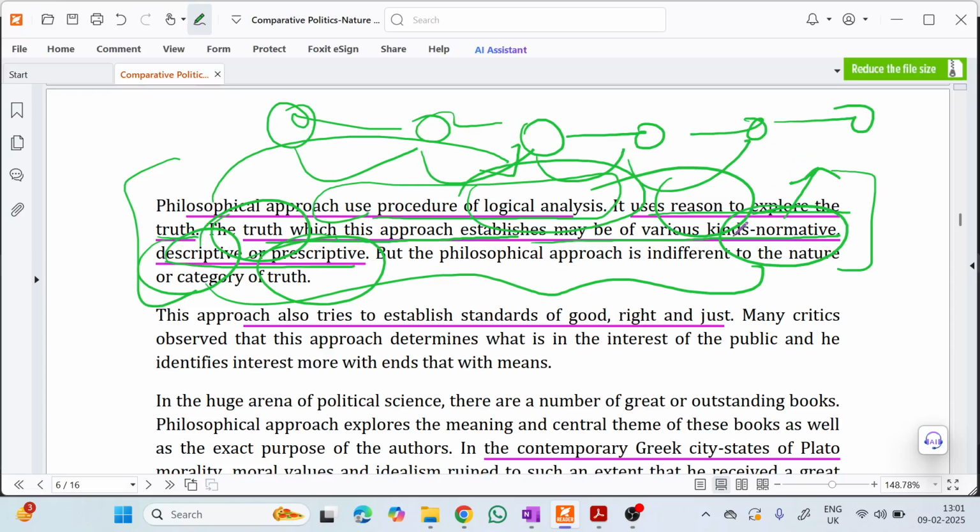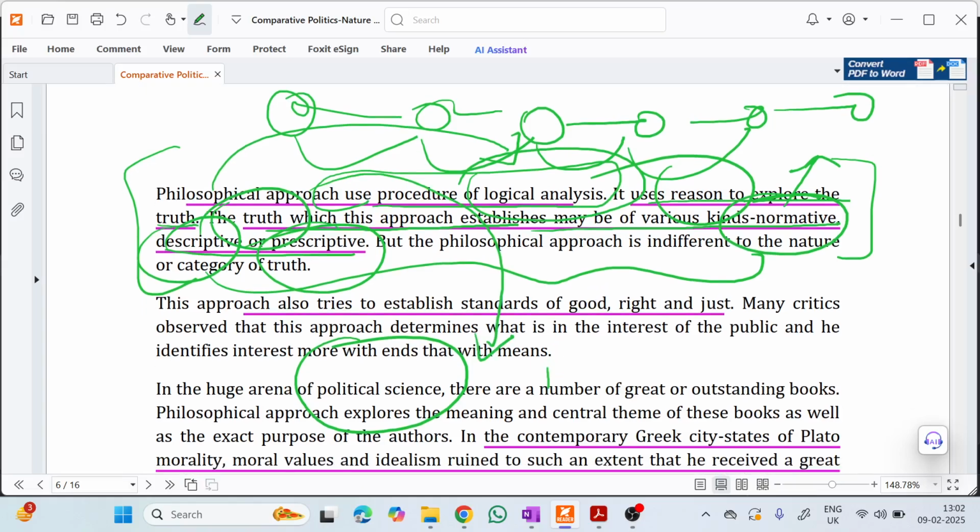But here, this categorization puts the very definition of truth in jeopardy. Why is that so? Because we have always considered that truth is one such entity. But the philosophical approach is not about the actual truth. It is talking about the interpretations of truth.